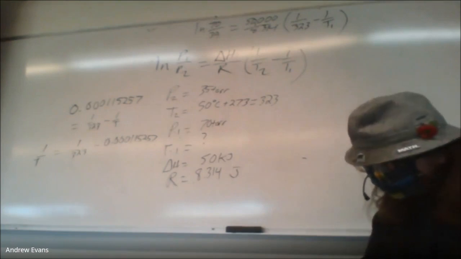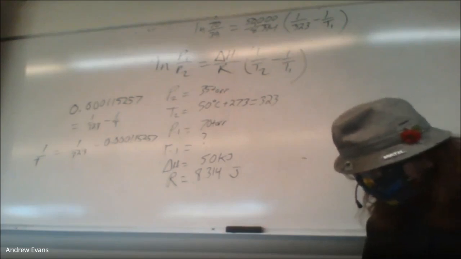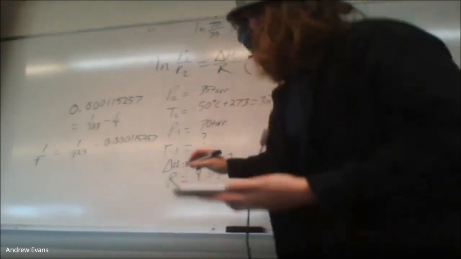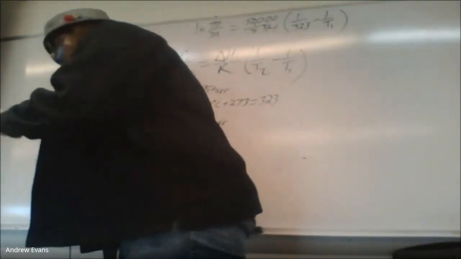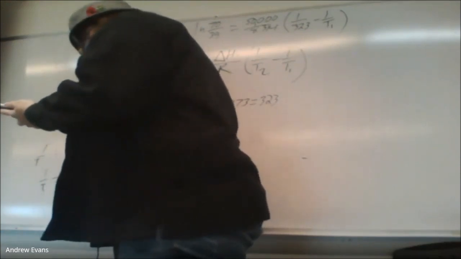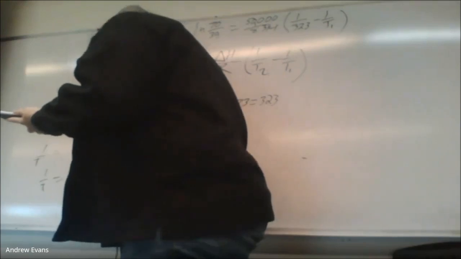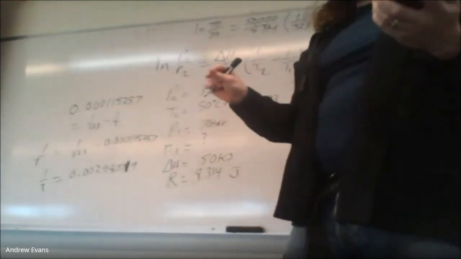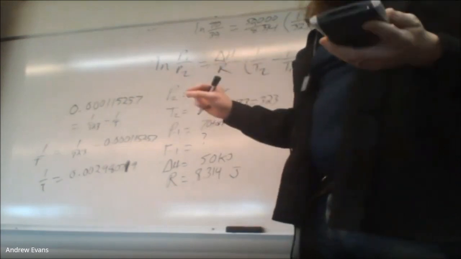So that plus the 1 over 323, that gives us 1 over t is equal to 0.002980719. Now that is 1 over t. So how do we get t?